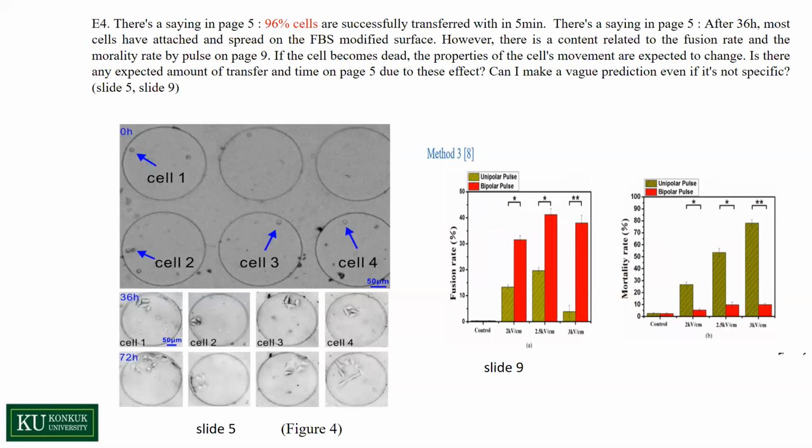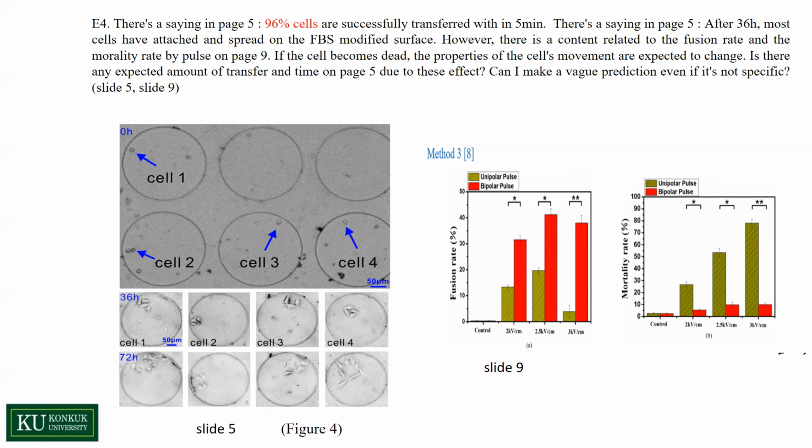In question 4, there is a confusing question, so I'm going to answer it. The question maker said that 96% of cells are successfully transferred, so all cells become dead. I also described the content related to the fusion rate and the mortality rate.